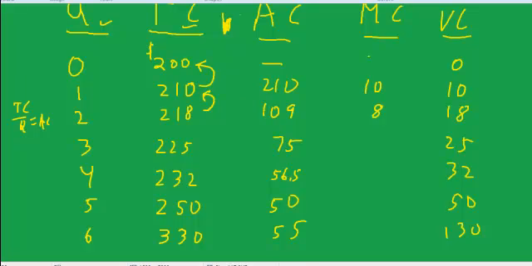So we're just taking differences there. So we get 10, 8, 7, 7, 250 minus 232 is 18, 330 minus 250 is 80. So that's what our marginal costs are doing in this simple numerical example.